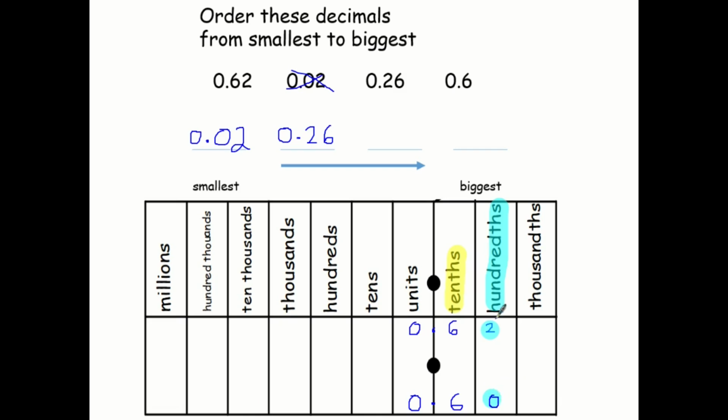So this is basically 0.62 or 0.60, and if you want to help yourselves out, you could just put a pound sign there and say, well, that's 62 pence. And that's 60 pence. So clearly 0.6, so take it back to its original form, because it was like this. We just put that 0 on the end to make it nicer for ourselves. 0.6 is next, and then finally the biggest is 0.62.